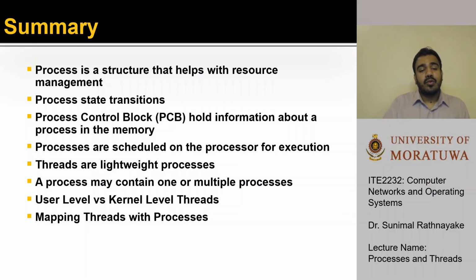And we also saw the mapping schemes that map threads with processors. We have a pure user level thread model, a pure kernel level thread model, and we have some kind of combined or hybrid thread models, which map the threads to the processors so that the processor and the operating system see them differently at the kernel level.